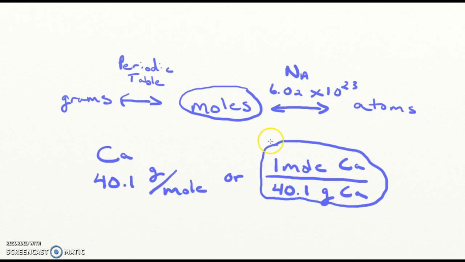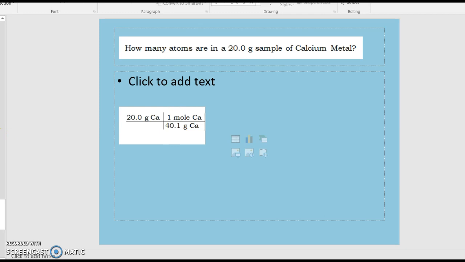I'm going to plug it in so that I can change it to moles. There it is, 1 mole over 40.1 grams. Now this gives us moles. If I take 20 divided by 40, that gives us 1/2 or 0.5 moles. So we really have 0.5 moles of calcium metal.